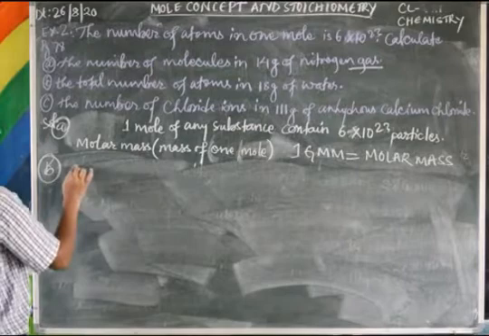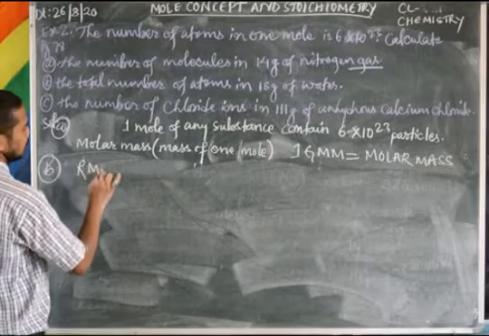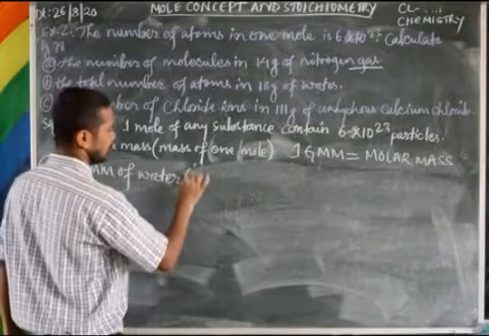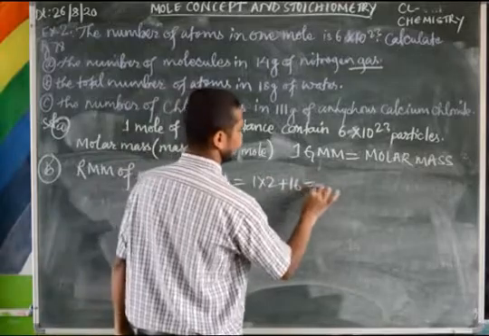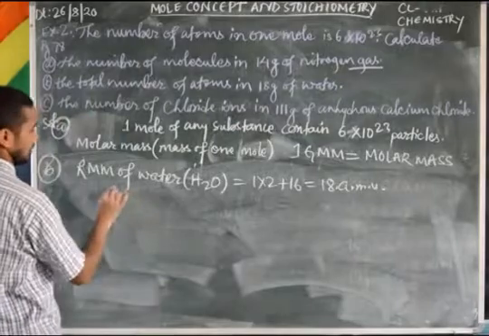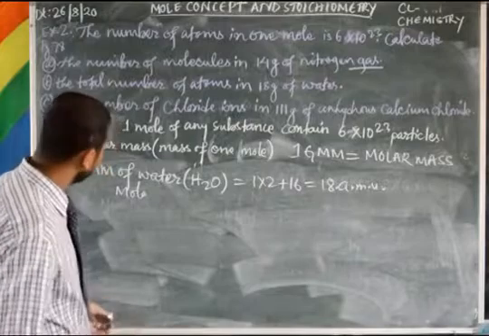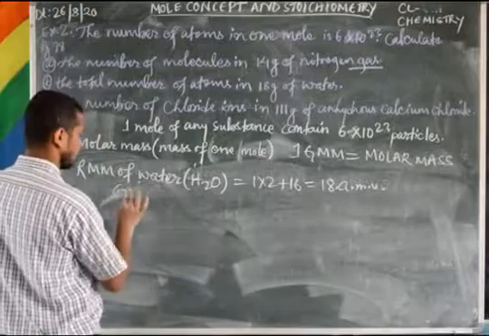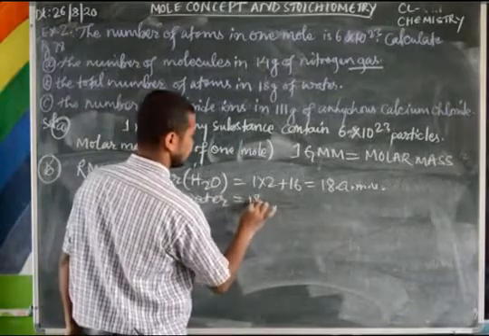Now again you write relative molecular mass of water is equal to 1 into 2 plus 16, that is 18 AMU. Then molar mass, or you can write gram molecular mass, anything you can. Gram molecular mass of water is equal to 18 gram.